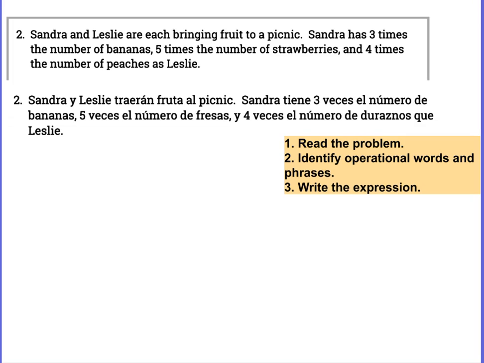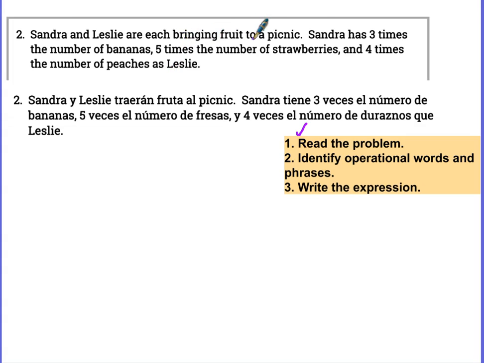Sandra and Leslie are each bringing fruit to a picnic. And remember, I need to read the problem first. Sandra has 3 times the number of bananas, 5 times the number of strawberries, and 4 times the number of peaches as Leslie. And I want to find out how much fruit Sandra is bringing to the picnic.